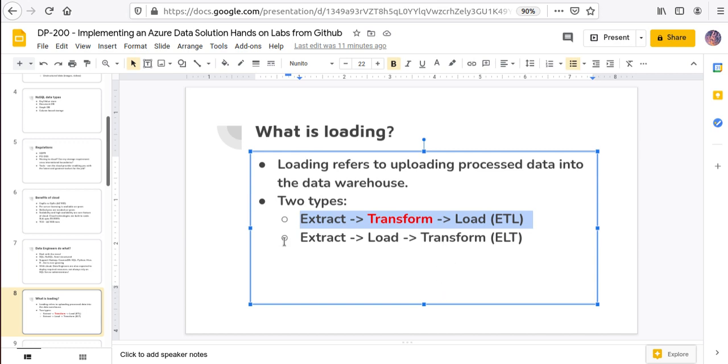Here, since the data is already available on the cloud, you can transform it to multiple different types, and it could be fed to multiple different types of applications. So just remember the difference between extract, transform, load versus extract, load, and transform. All right, let's go to the next slide.